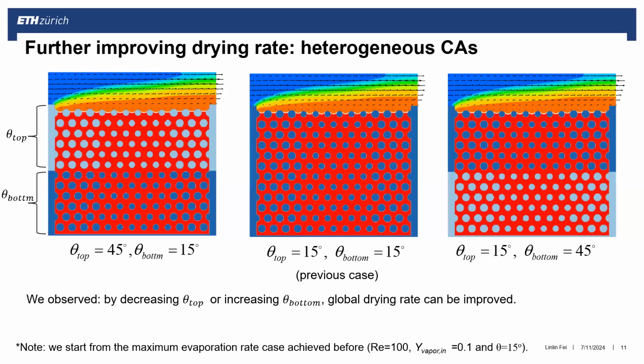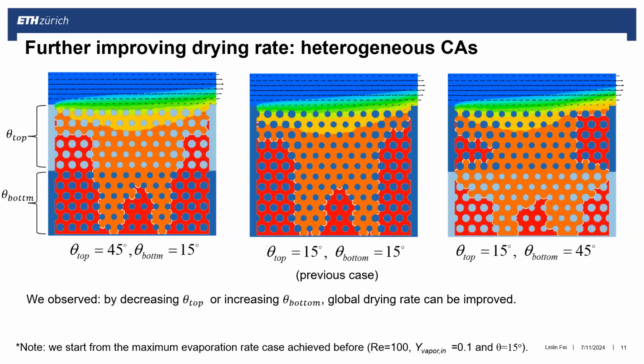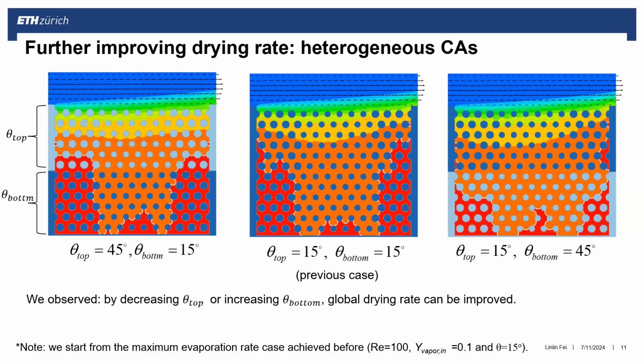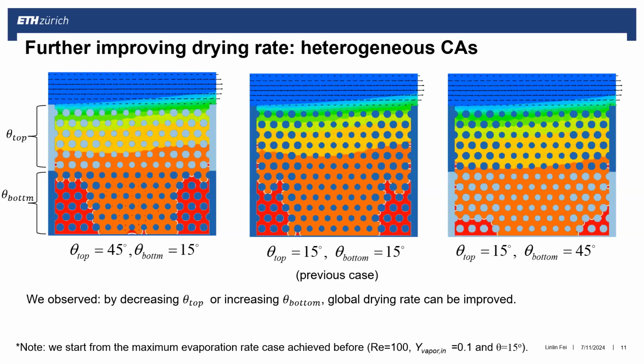As shown in the 3 movies, you can see they may have different evaporation behaviors. And in the end, you can see the residual liquid mass. From the 3 cases, you can see that by decreasing the top contact angle from 45 degrees to 15 degrees, or increasing the bottom contact angle from 15 to 45 degrees, the global drying rate can be improved, right?